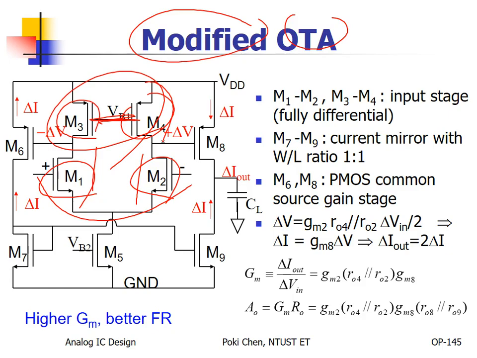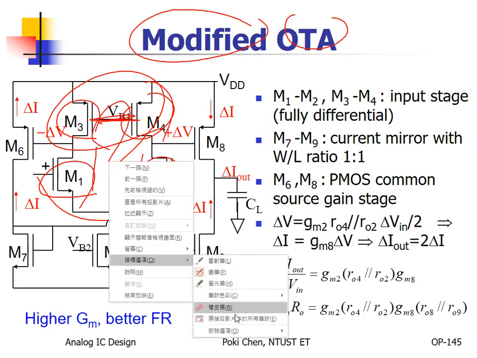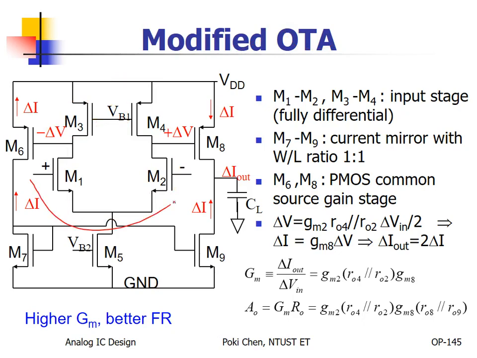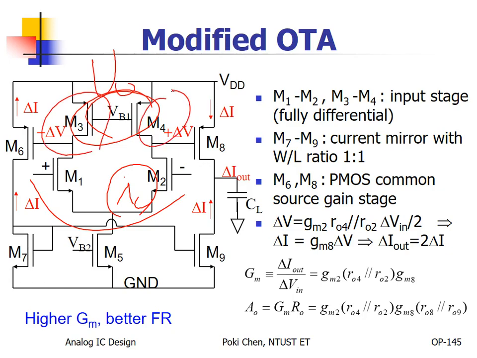So we can enhance the output voltage here, right? Input voltage into output current. Our output current, through the help of M3 and M4, into output voltage. And this output voltage is again amplified by M3 and M4, right? To be output current, then the same. Okay?